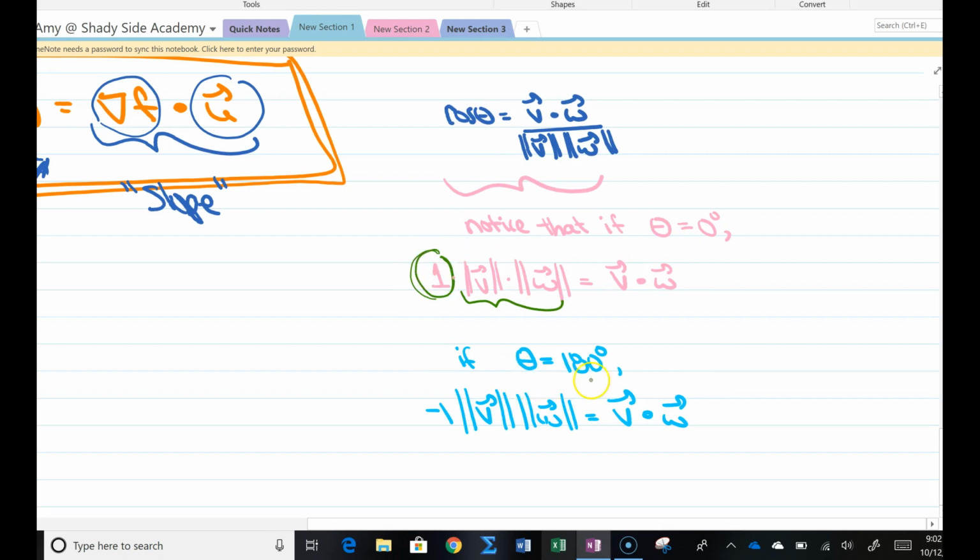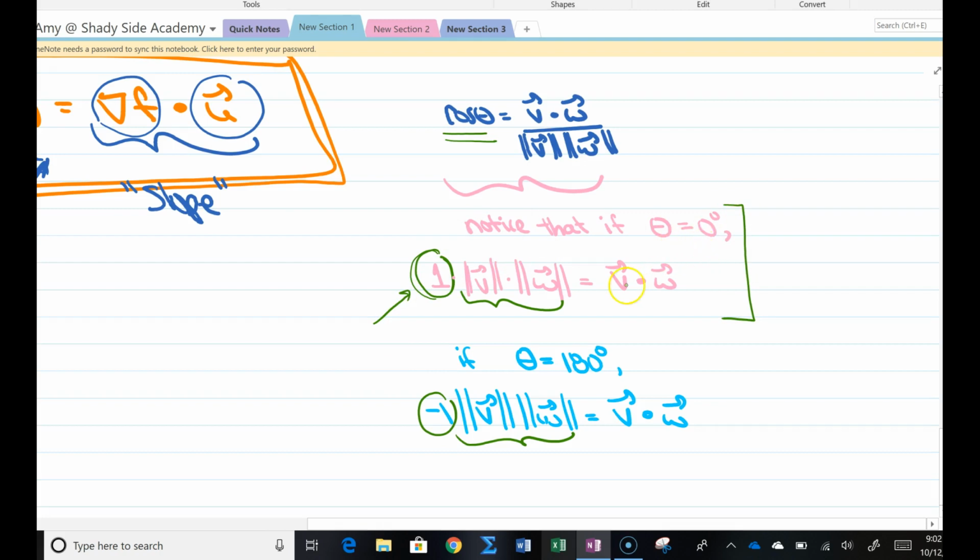If theta is 180 degrees, v dot w equals this negative number, because this is a positive number times negative 1. So if theta equals 0, cos theta is at its maximum value. Okay, so we're going to focus on this pink statement first.